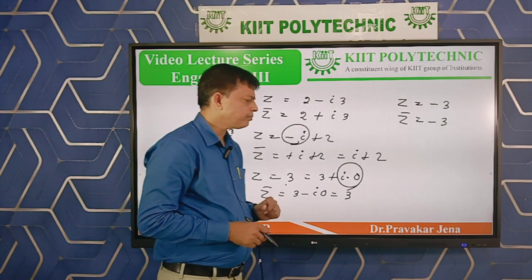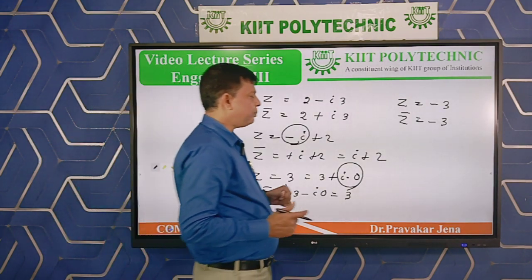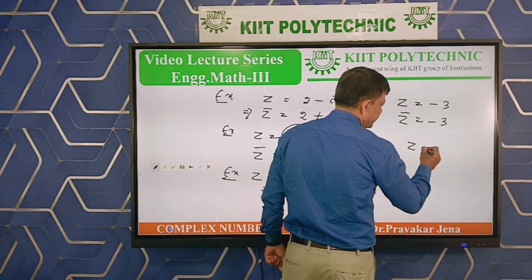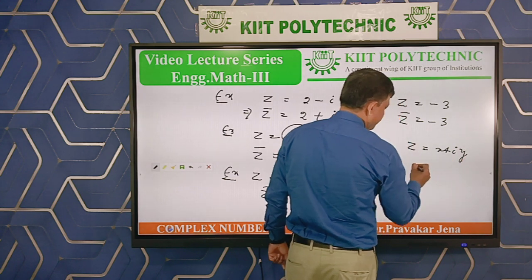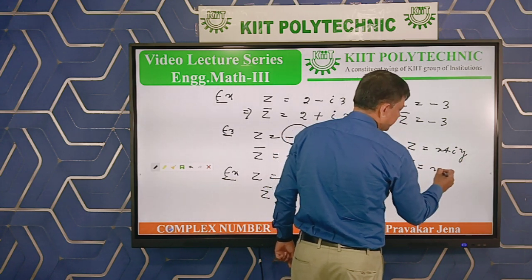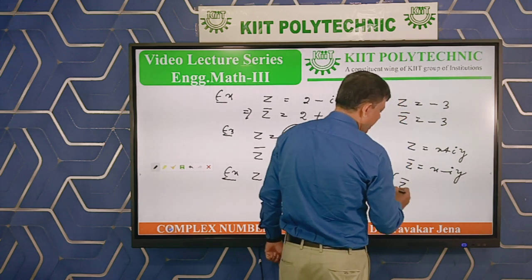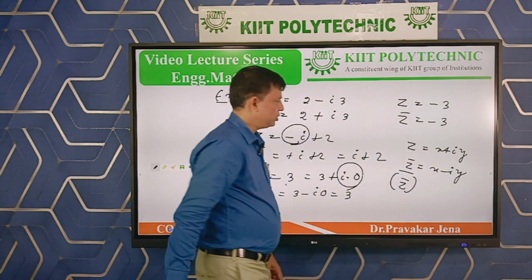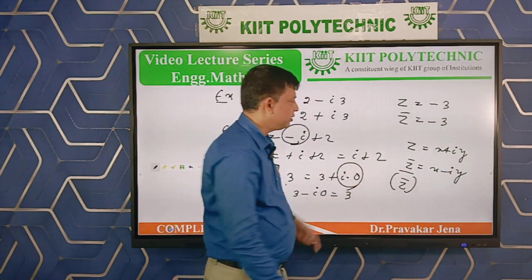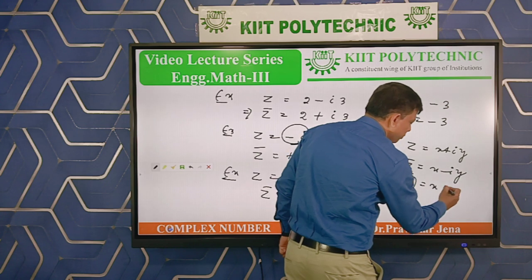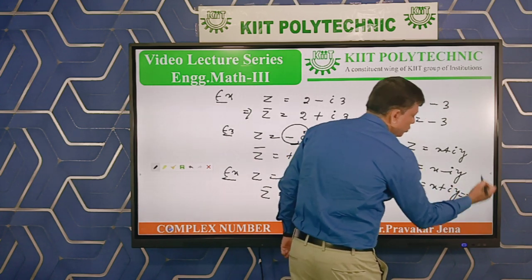Okay. Now, the other part is here. If we take z as a complex number like x plus iy, and z bar equals x minus iy, then what is the whole bar again? Z bar we already know. If we take the bar again, then it will be x plus iy, that is z.